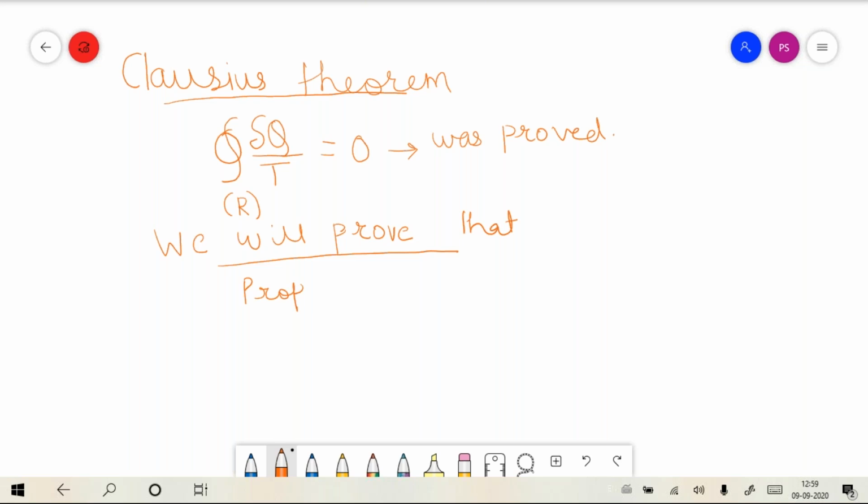And what we'll be proving is there exists a property, and that property we would be naming as entropy.